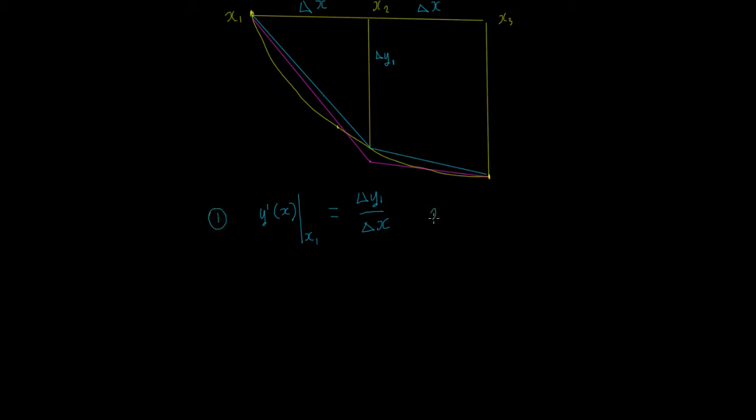Now the second one, if we look at the gradient from here to here, the gradient would be y derivative of x, defined at the point x2, and that's going to equal delta y2.